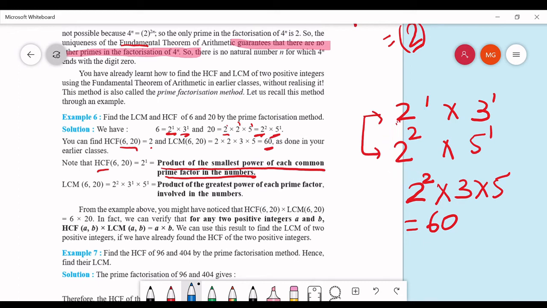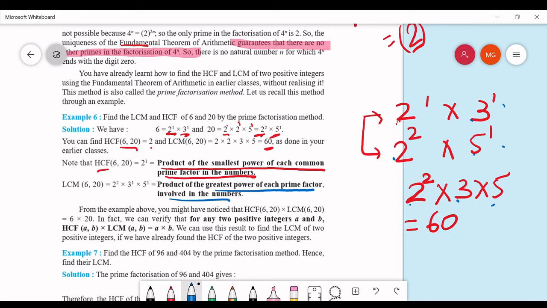Now for LCM, it is the product of the greatest power of each prime factor involved in the numbers. Each factor, right? So 2, 3 and 5. These three numbers are involved in both of these numbers, so you will be writing 2, 3 and 5.